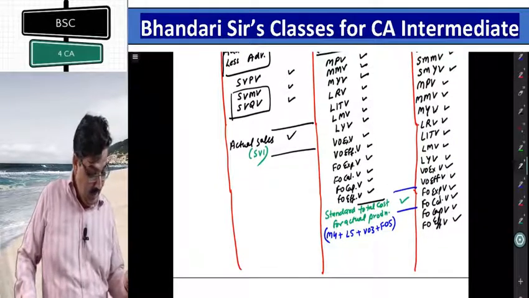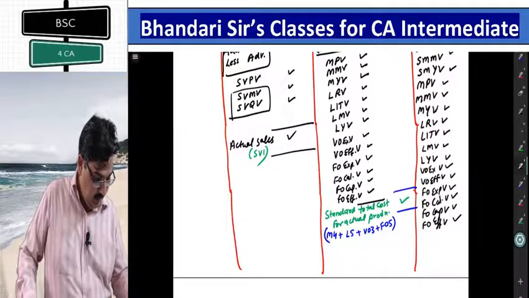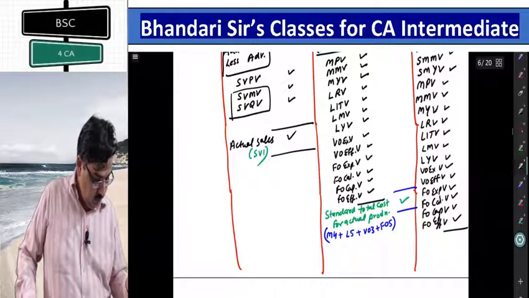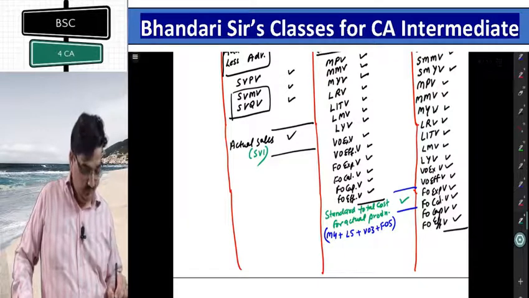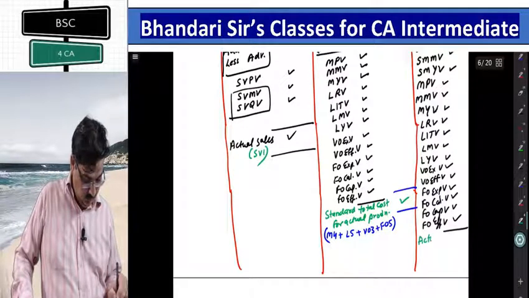What I will get here, again very, very interesting. What I get here is called what? Actual profit.